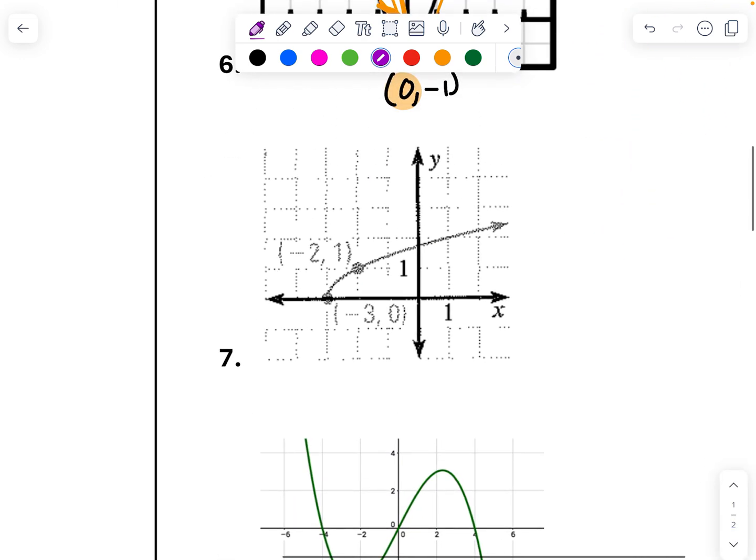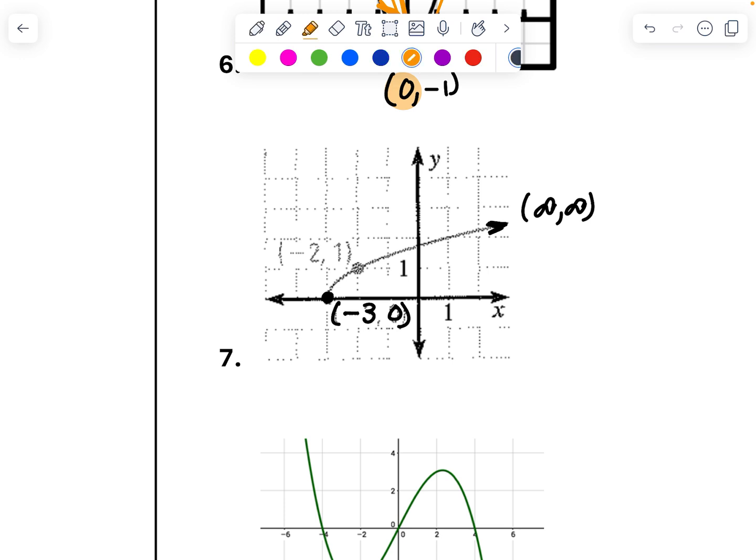This graph, the end of this graph is -3, 0, and this arrowhead is going as far right as it can go and as far up as it can go.